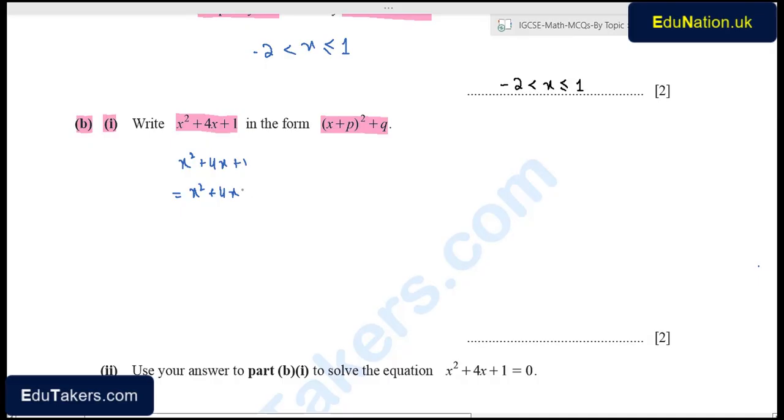We will add and subtract 2², so + 2² − 2² + 1. This is equal to (x + 2)². From this term, it becomes (x + 2)² − 4 + 1. This is equal to (x + 2)² − 3.